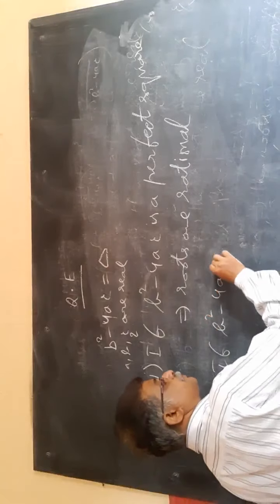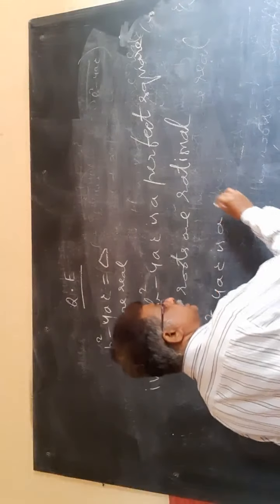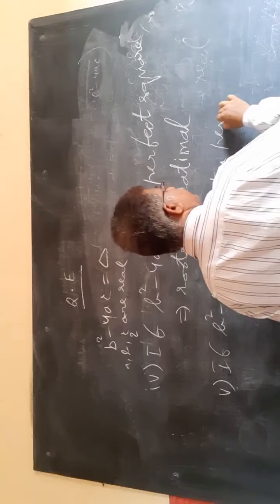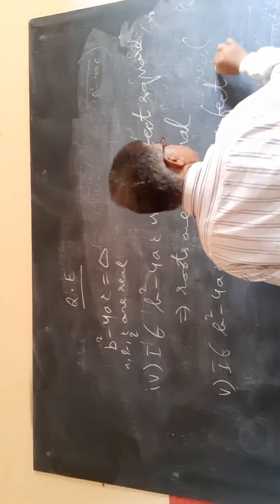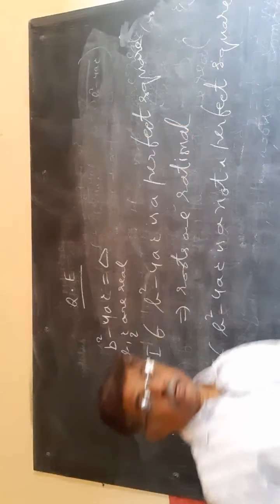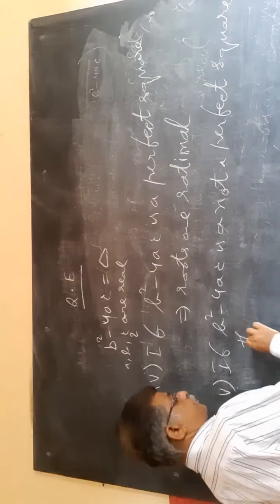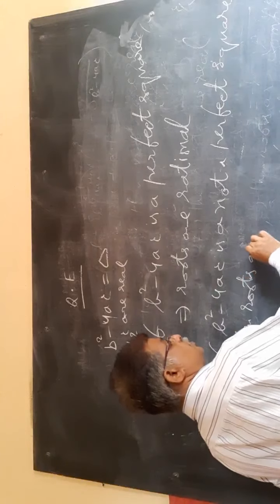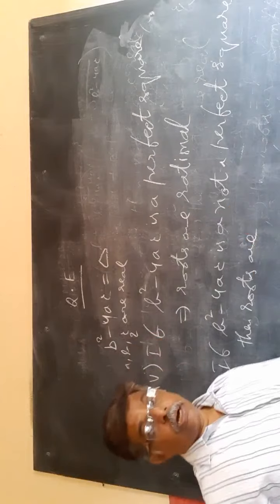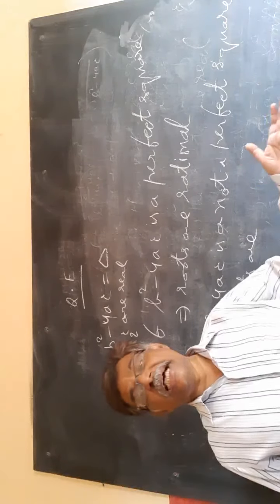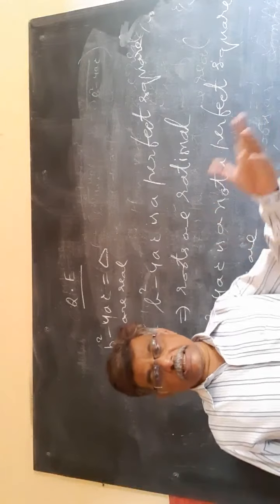If b square minus 4ac is not a perfect square, then the roots are conjugate surds, because irrational numbers are surds.